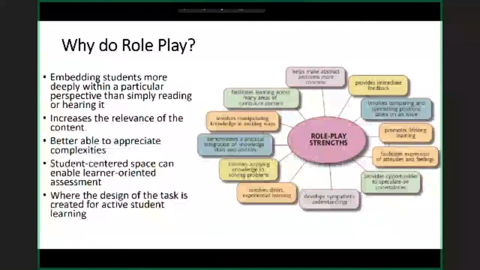So why even do role play? For the reasons that we have been talking about for the past few minutes, it's mainly about providing a means for active learning. It's for immediate feedback, which was one of the essential things I was looking for. I wanted feedback on how they are doing, because often when you lecture on a topic like oxidative phosphorylation, I'm drawing things on the board and going back and forth, and when I look at their faces, it is so hard to tell what's going on.